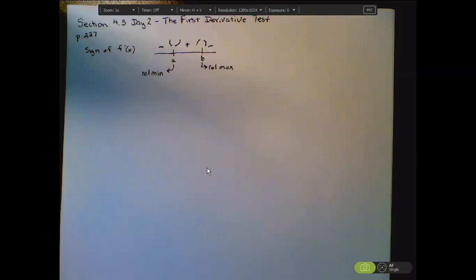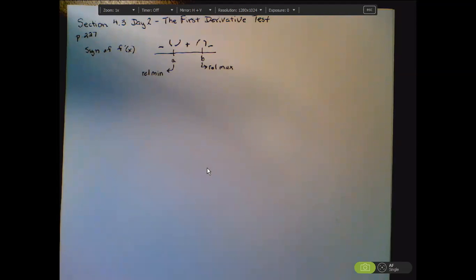But 4.3 is just, well, what can the first derivative tell us? The first derivative can tell us where the function's increasing, where it's decreasing, where it has relative max, and where it has relative min. Yesterday, y'all were supposed to have done basically 1 through 31, and I called it quits there.